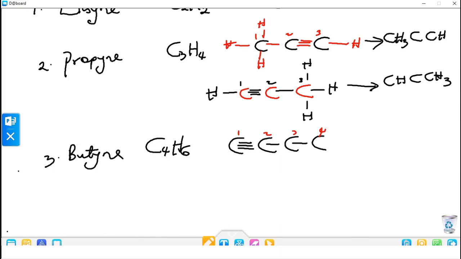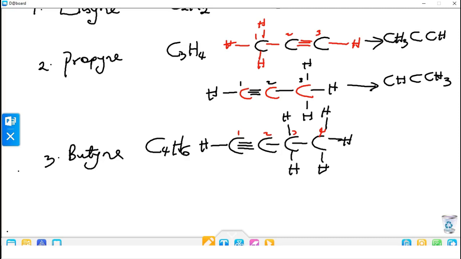So it means that carbon 1 needs just 1 hydrogen. Carbon 2 doesn't need any hydrogen because it's already complete with 4 bonds. Carbon 3 needs 2 more hydrogens. And carbon 4 will be needing 3 hydrogens. And that is the structure.